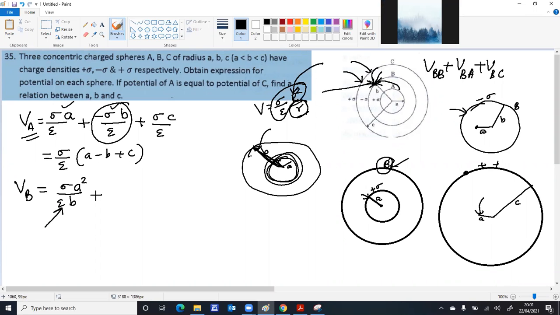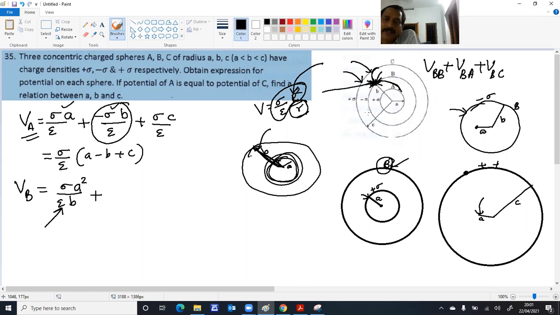All are with respect to this point. A will produce potential here, B will produce potential here, C will produce potential here. Understood.